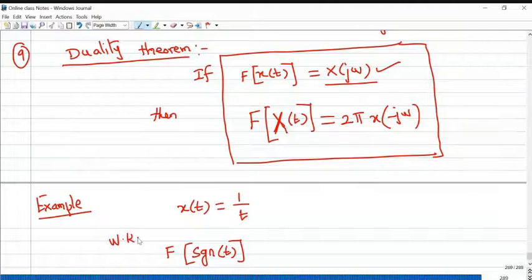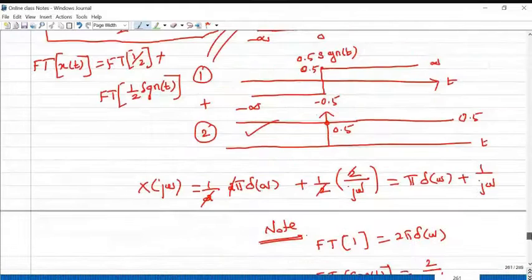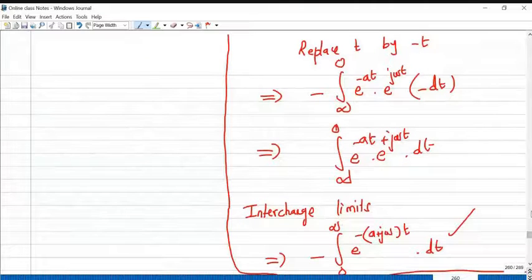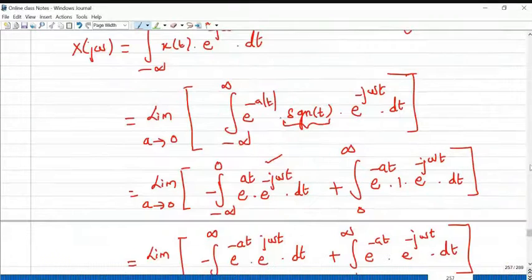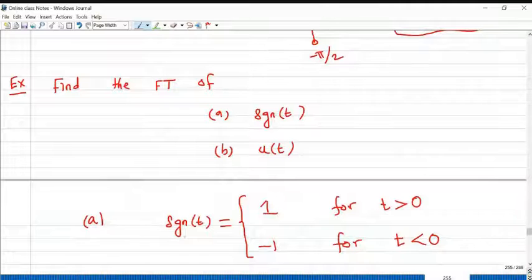We know that the Fourier transform of the signum function is 2 divided by j omega. Okay. So we have solved this already. These are all fundamental formulas. You should remember the formula of the Fourier transform of the signum function.